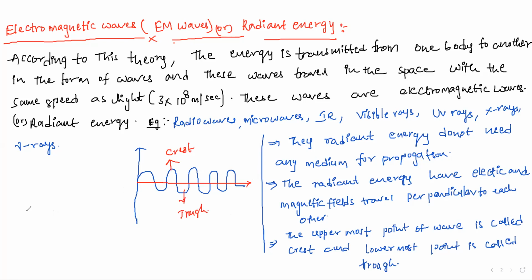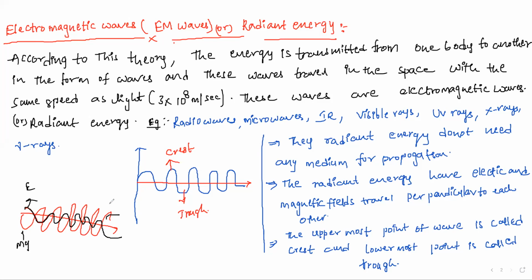Actually, any medium, if it propagates in the space, it produces waves, right? And it produces one more, electric field and magnetic field. Both the waves are present in this. This one is electric field and the other one is magnetic field, like this.